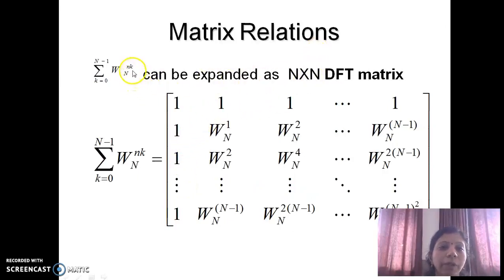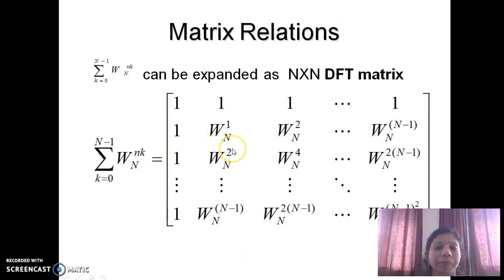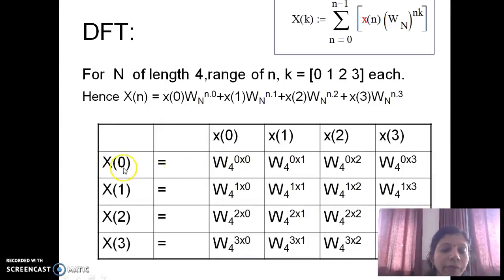So this W_N raised to kn with the summation term can be expanded as an N by N DFT matrix, where all these terms are equal to 1 and others are like this. How they are there, we can find out from another diagram. We have X of 0, 1, 2, 3 as the output sequences, and x of 0, 1, 2, 3 as the input sequences.